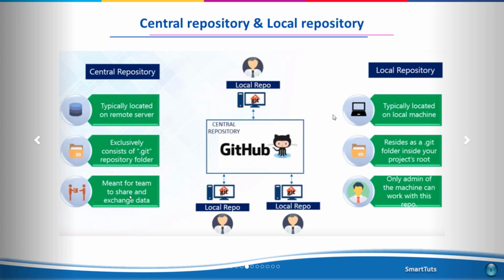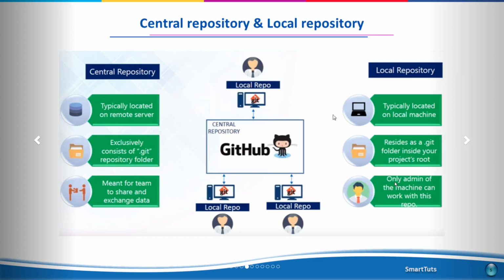Why a central repository? It is meant for the team to share data, meaning a number of developers can share their data through the central repository, but on the local repository only the admin of the machine can work.